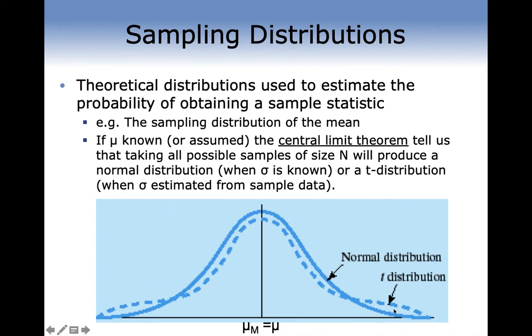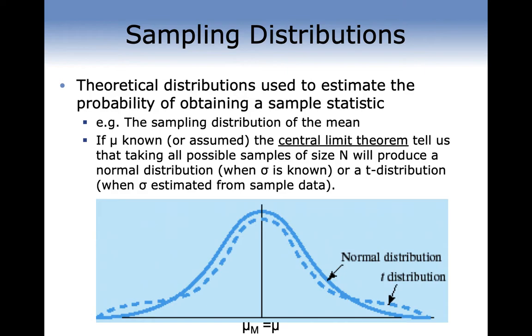Another way of saying that is that what is most probable is that we would sample a sample mean close to the population mean, and it is less probable to sample a sample mean that has a very high or very low value. Now, what you see overlaid here is this dashed line. This is a t-distribution. Recall that we're doing a one-sample t-test.